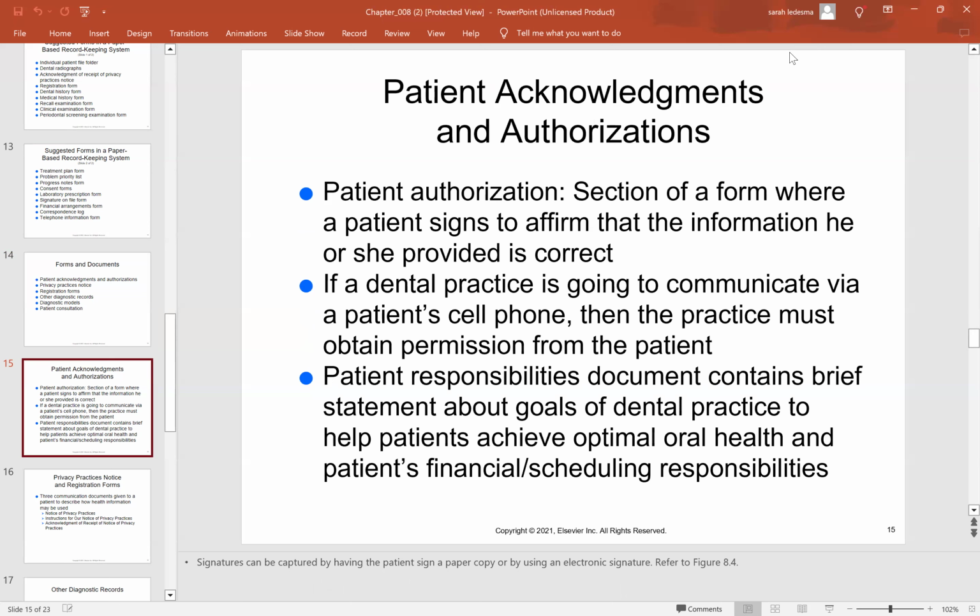If a dental practice is going to communicate via a patient's cell phone, then the practice must obtain permission from that patient. Patient responsibilities documents contain a brief statement about the goals of the dental practice to help patients achieve optimal oral health and then the patient's financial and scheduling responsibilities.